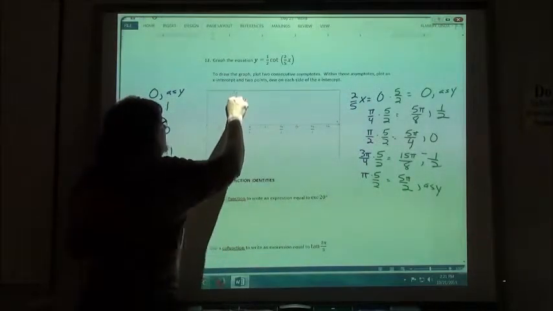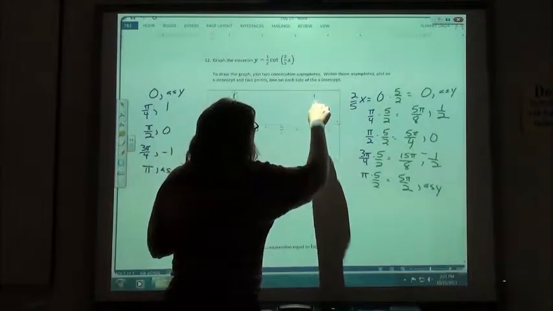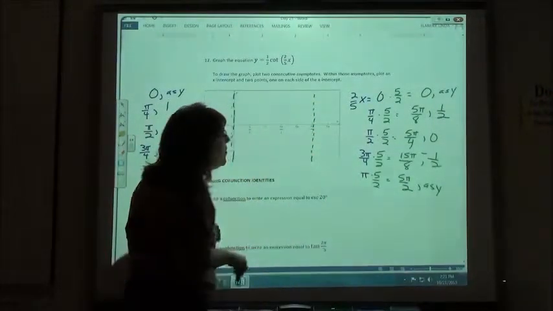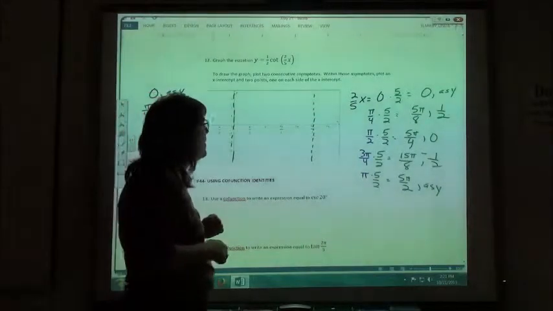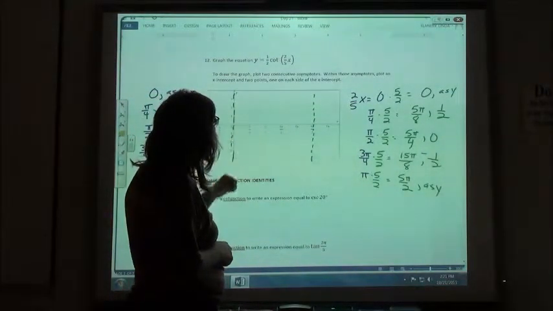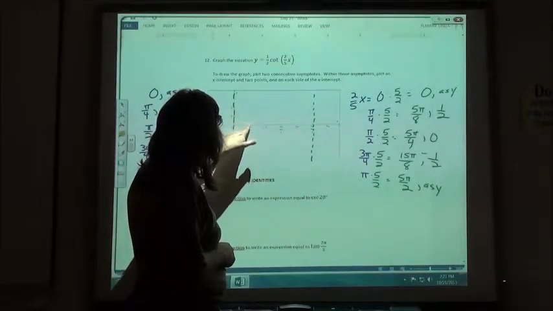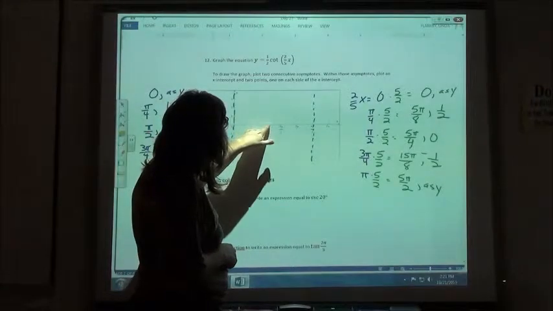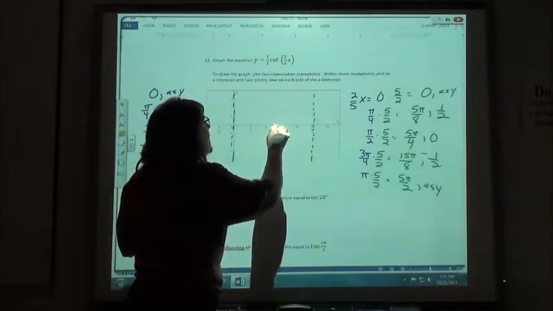So asymptote at 0. Asymptote at 5/2, which they happen to have marked, so I don't have to figure that one out. 5/4. 1, 2, 3, 4. I'm in eighths, so I'd have to go 10. 1, 2, 3, 4, 5, 6, 7, 8, 9, 10. Should be halfway between. It looks like it is.